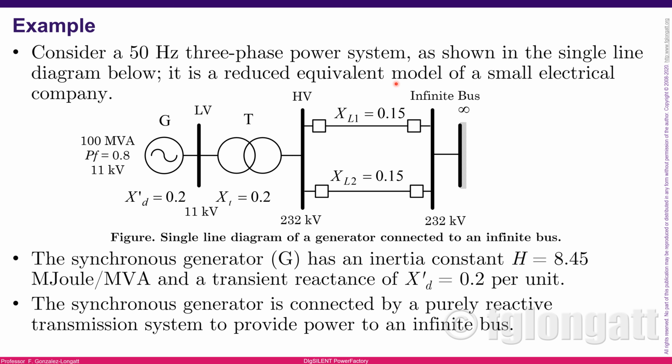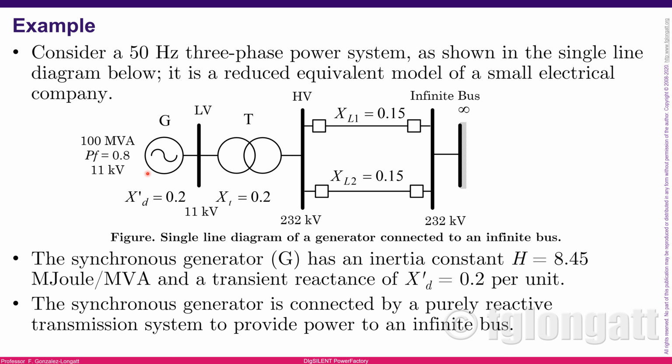And this example is present in basically every single power system analysis book, okay? If you go to Kundur, if you go to, for instance, Paul Anderson, you will find this very basic system, okay? This is the system that you will find in many books.